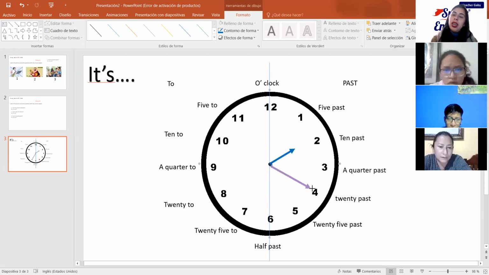What time is it, Angelica? It is 20 past 3. No, 20 past 2. De este lado sí decimos la hora en la que estamos. Del otro lado es que solo cambiamos a la siguiente hora.